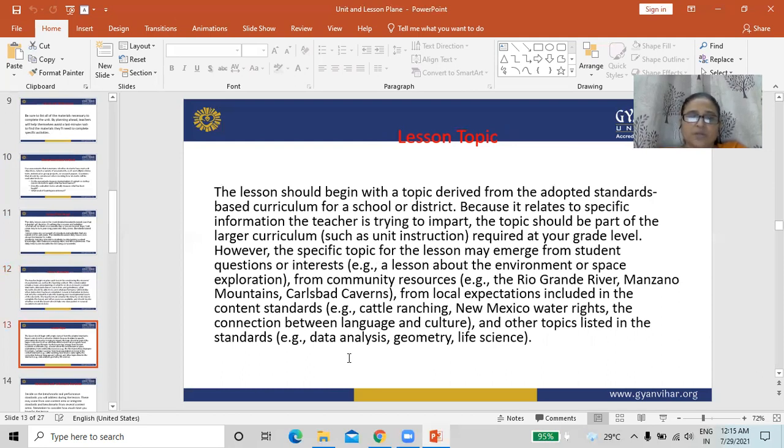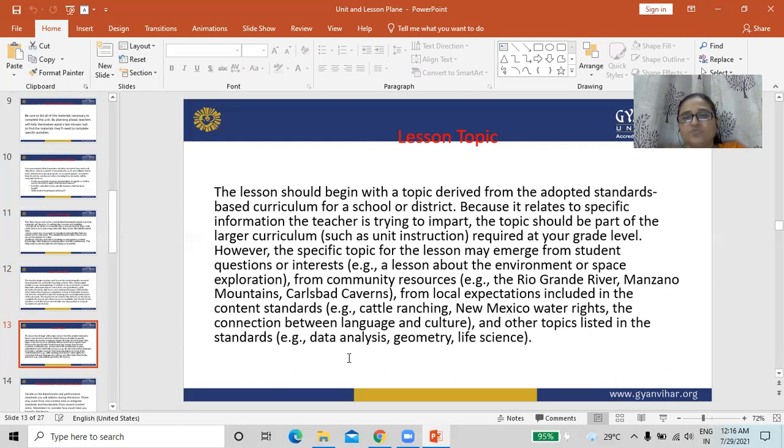Lesson topic. The lesson should begin with a topic derived from the adapted standard-based curriculum for a school or district, because it relates to specific information the teacher is trying to impart.